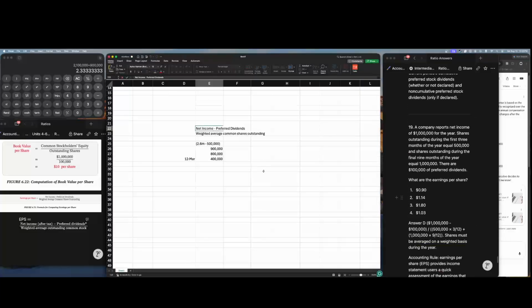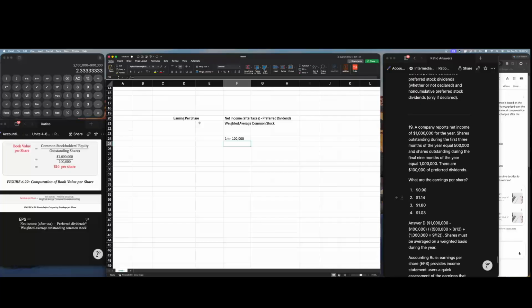So EPS, earnings per share, is net income after taxes minus preferred dividends divided by the weighted average shares. So net income was 1 million minus the 100,000 in preferred stock dividends.